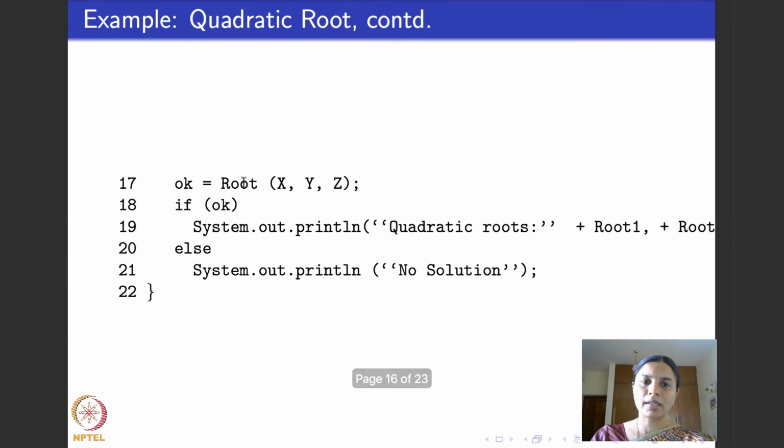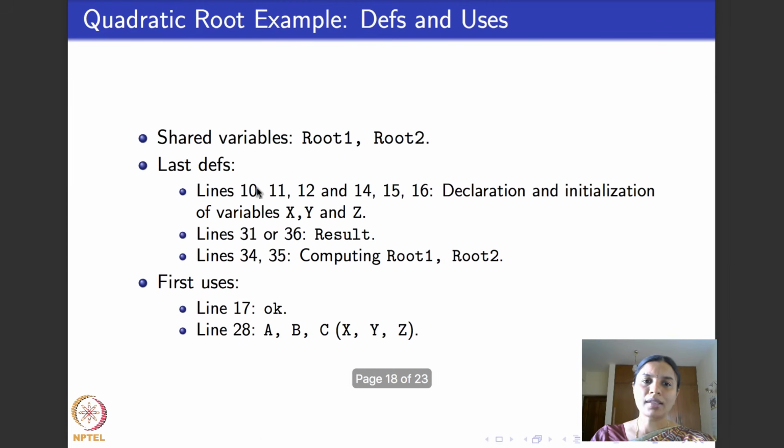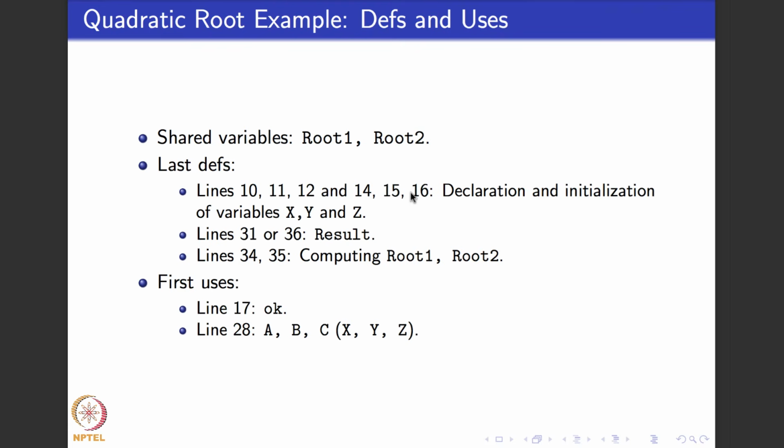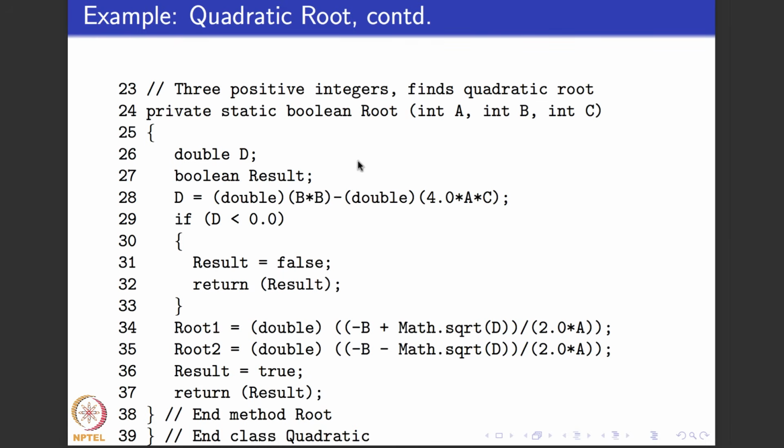After this, they are directly passed to the called method root. So the LastDefs for x, y and z are at lines 10, 11, 12 or at lines 14, 15 and 16. And when they are passed, x, y and z are coupled with a, b and c respectively, right?